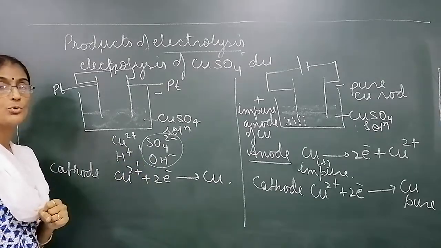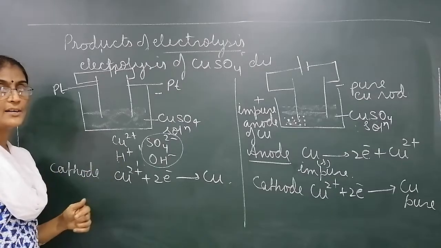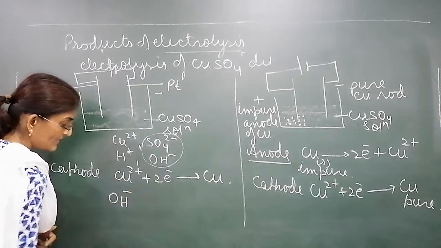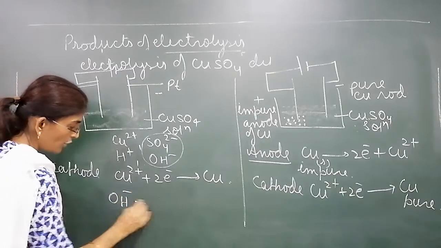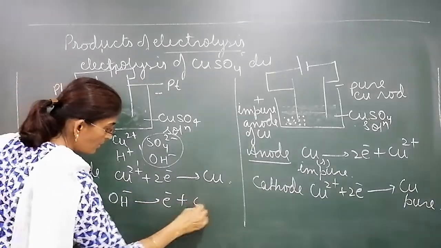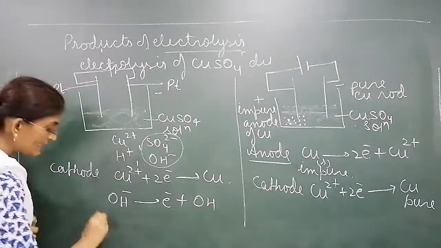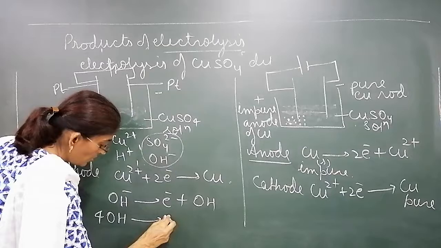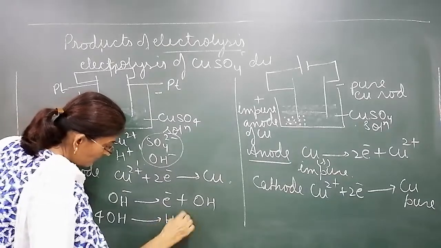So OH minus will move towards anode and undergo oxidation. OH minus loses electron and forms neutral OH. These 4 neutral OH will form H2O and oxygen gas will be produced.